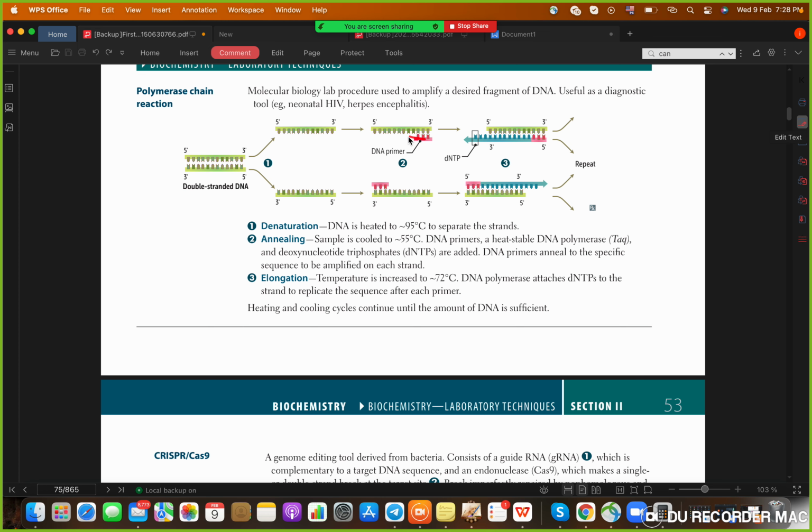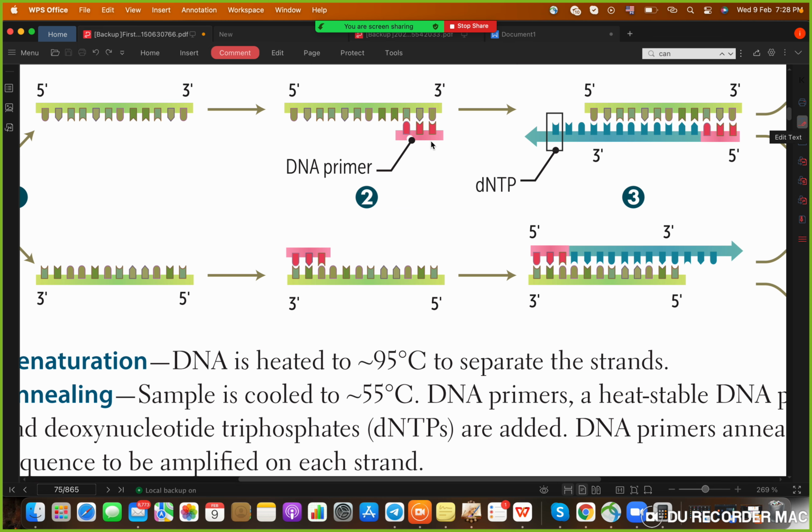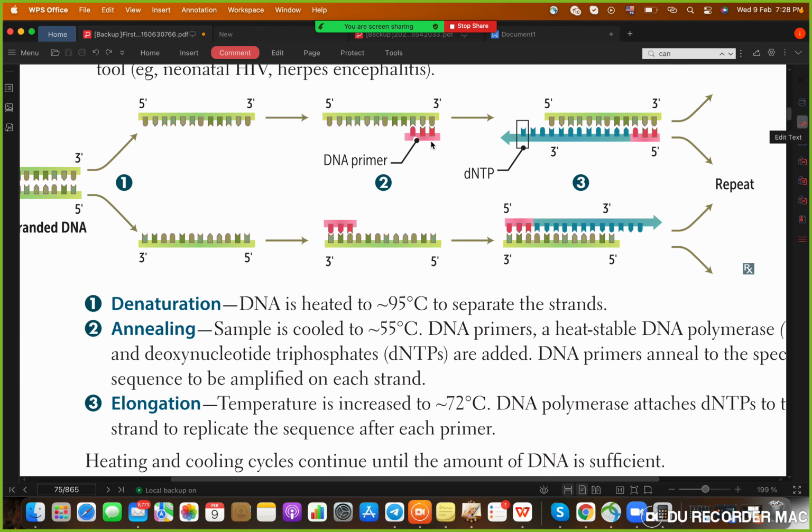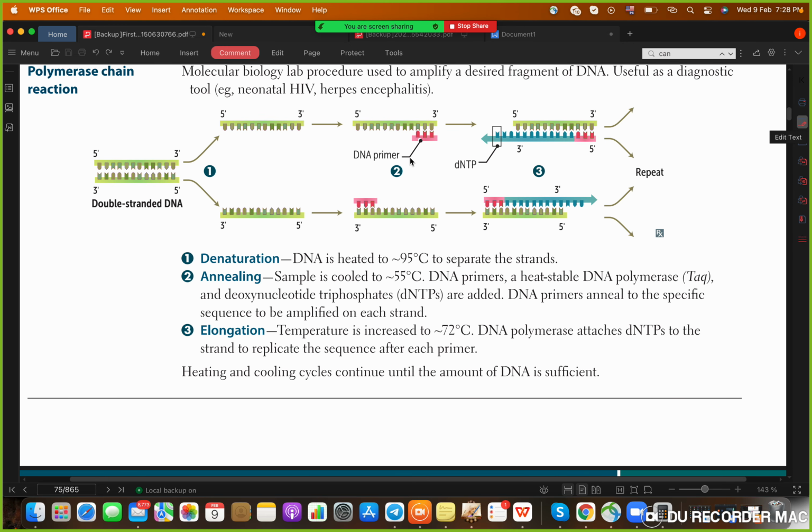We add the primer, which is going to attach to the gene of interest. For example, let's say HIV, okay? So it's going to attach at that gene of interest we are looking for. That means each PCR is only responsible for one gene only, okay?